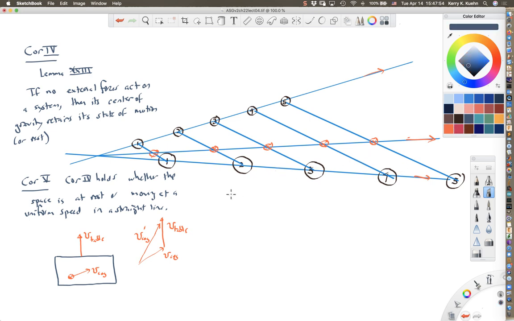Okay, and let me just say something about his corollary 6.